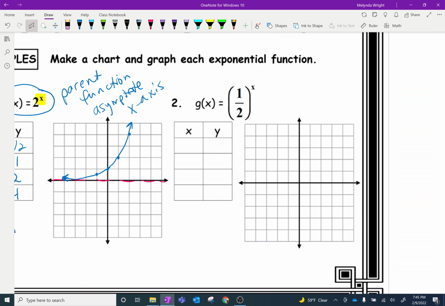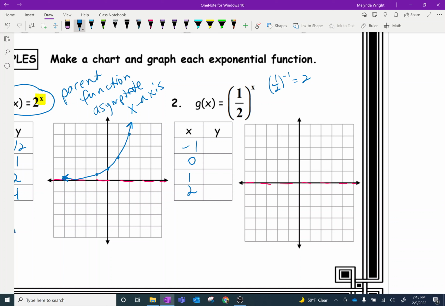Again, this is a parent function, so we're going to do -1, 0, 1, 2. Let's go ahead and graph our asymptote. All right, so let's see. So 1/2 to the -1, if you recall, that means it kind of flips it upside down.